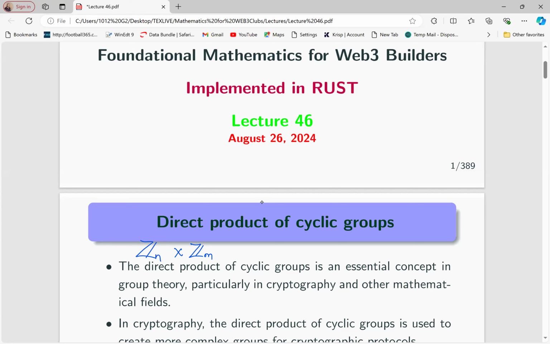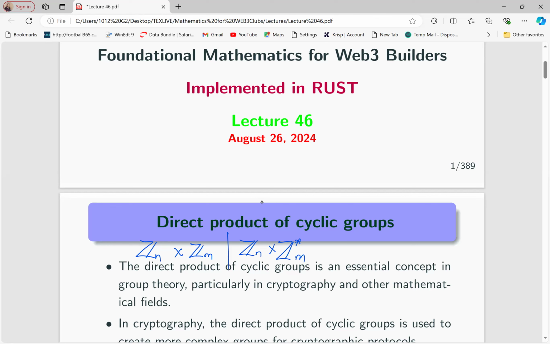And we'll also get to know when we say that this group cross this other group is cyclic. So when do we say they are cyclic? Even for this one, we will want to find out.